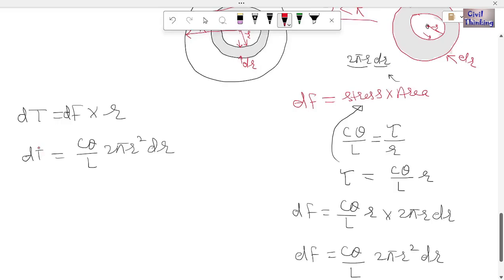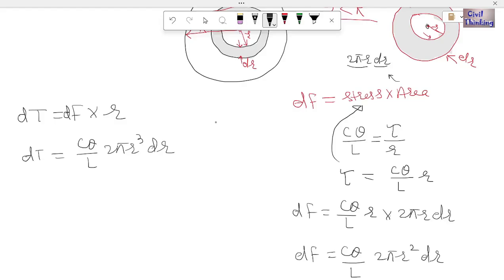Now we have found the shear stress is C theta by L, 2 pi r square dr multiplied by this r, or it is going to be r square and r is r cube. Now this is the torque for this small strip.